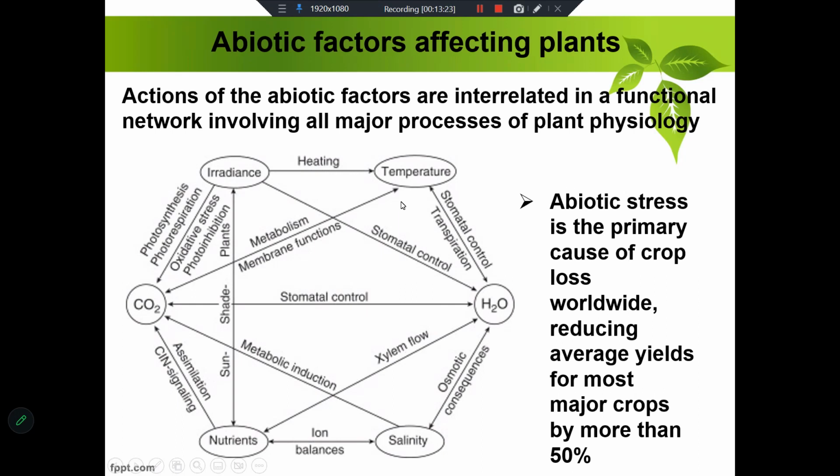Likewise, there are different abiotic factors affecting plants, and these abiotic factors are linked to the plant by these physiological processes. These abiotic factors play an important role in plant survival, growth, development, as well as primary production.